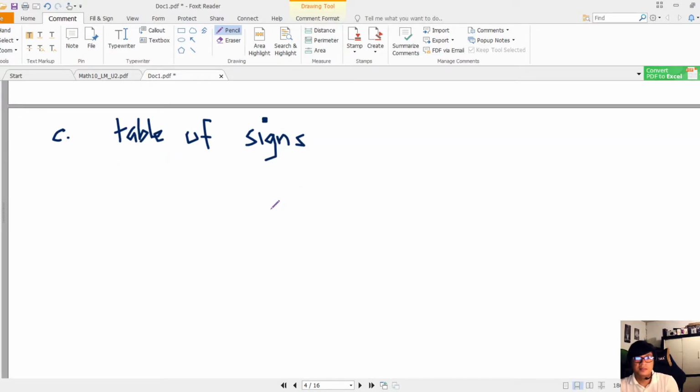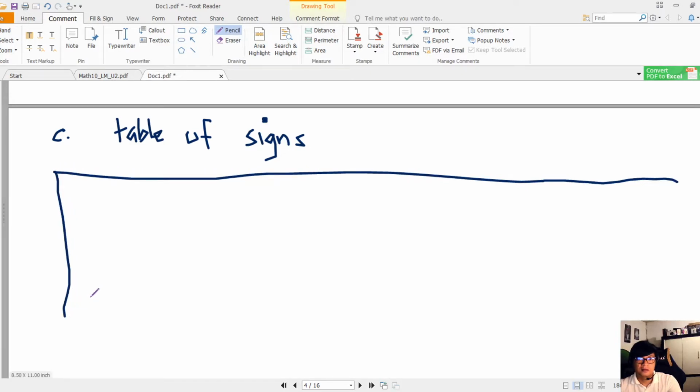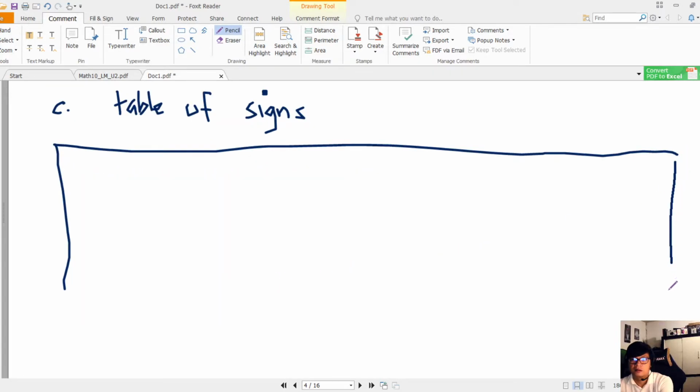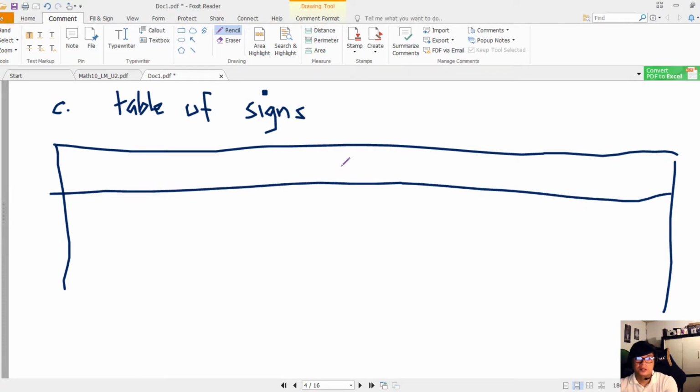Okay, table of signs, gawa tayo dito ng table. So, dito yung intervals.